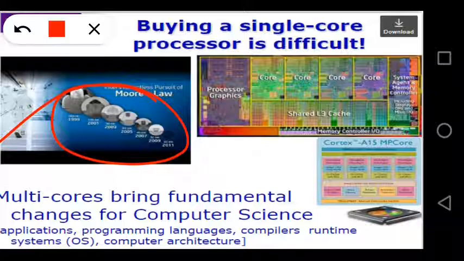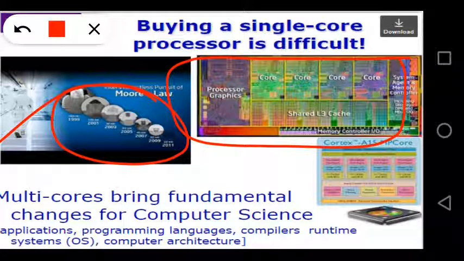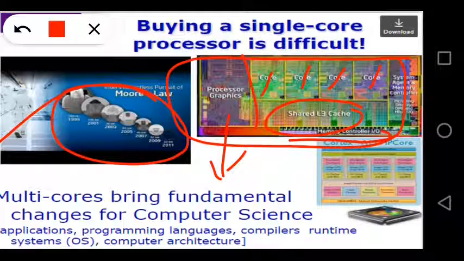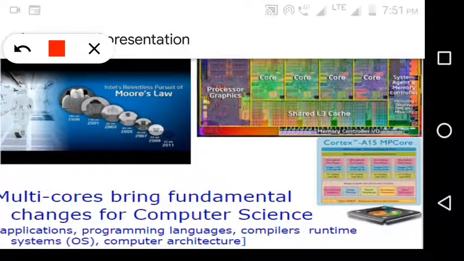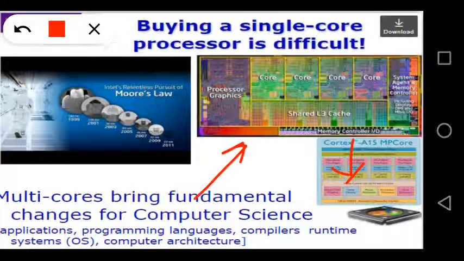Let's take an example of this processor which has processor graphics, one core, and here second, third, fourth cores. This is shared cache, system agent and memory controller. These are the memory controller IOs. This is an example of an advanced processor.